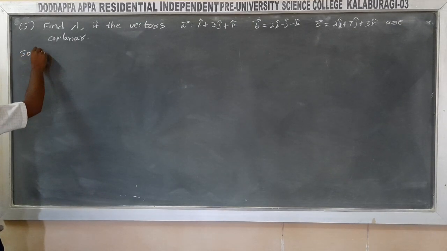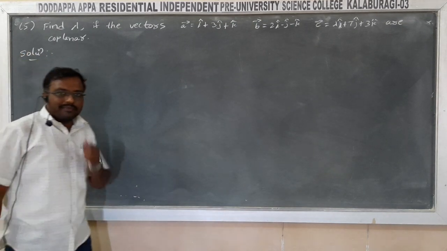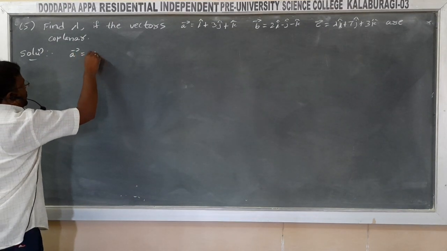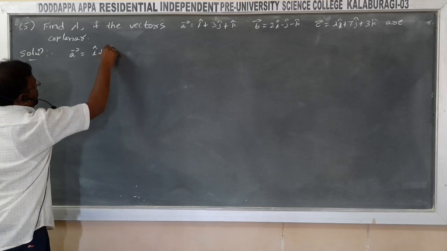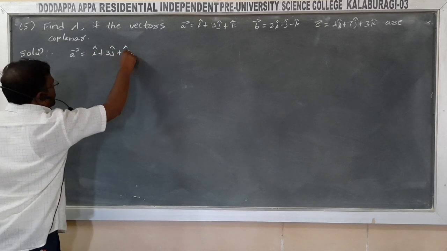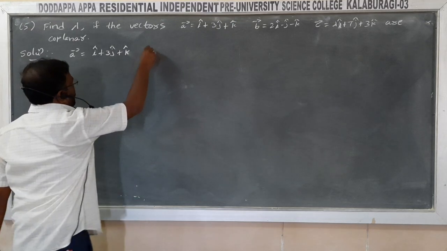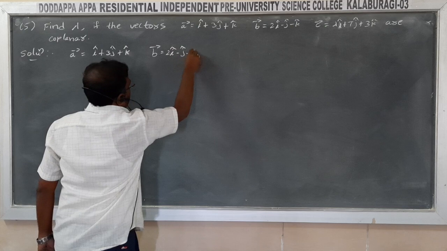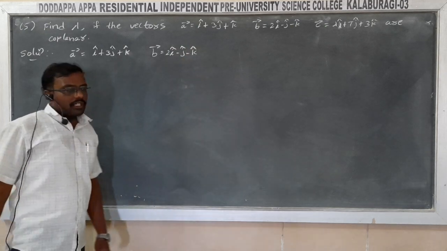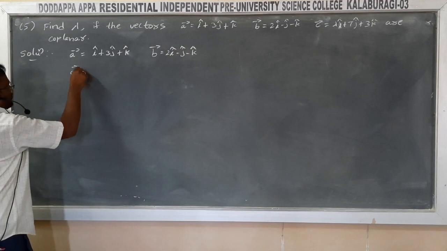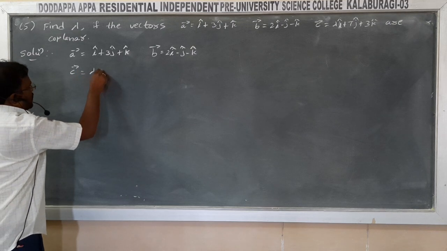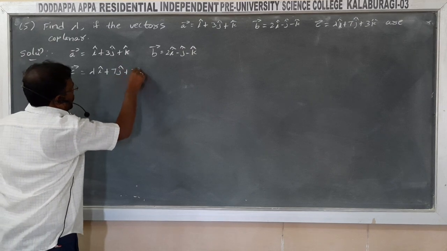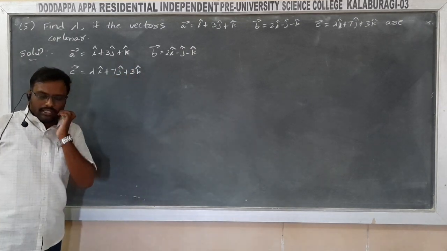So here you can find out the lambda. So first you have to write what the given value. Vector A is equal to i plus 3j plus k, vector B is equal to 2i minus j minus k, and vector C is equal to lambda i plus 7j plus 3k, right?